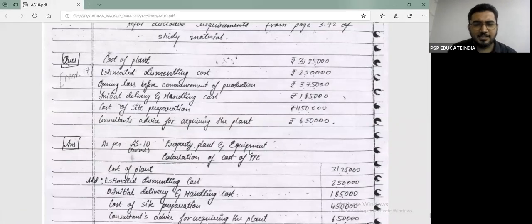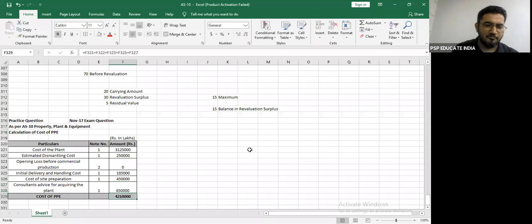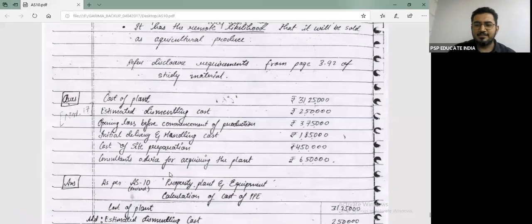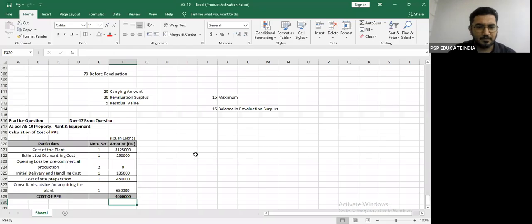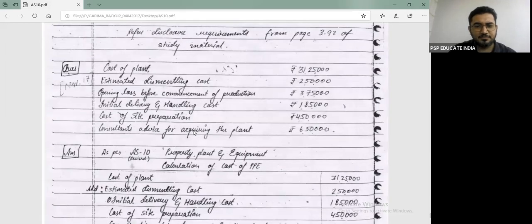And finally, consultant's advice for acquiring the plant, is how much? 6,50,000. You get 46,60,000.